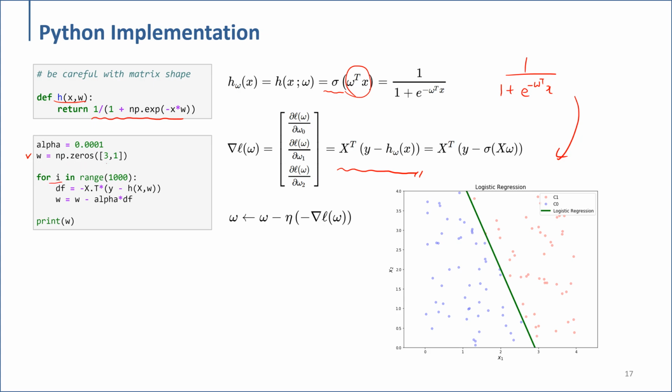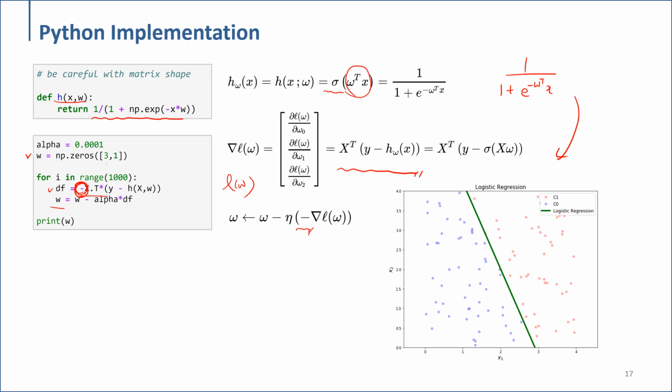And for 1000 iterations, let's first define the gradient, which is minus x transpose times y minus h omega, and here we take this minus because we want to maximize this L omega function.